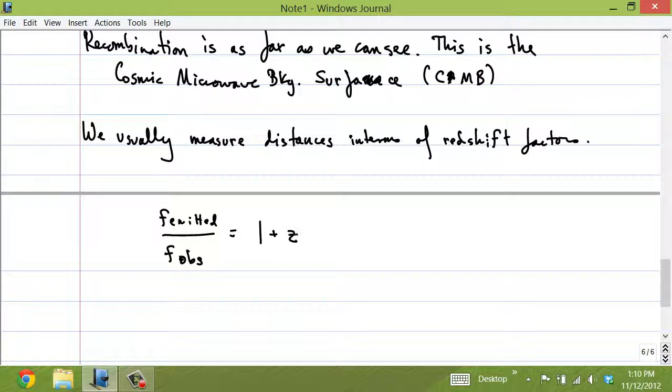So we typically call it 1 plus z, where z is a number referred to as the redshift of the object. So z is bigger than 0. And this factor 1 plus z is nothing more or nothing less than the radius of the universe now divided by the radius of the universe when the photon was emitted.